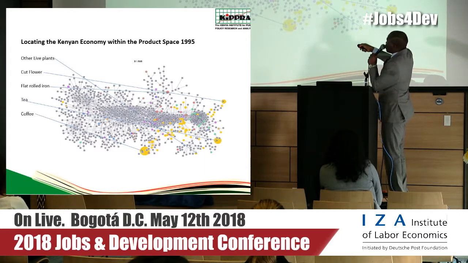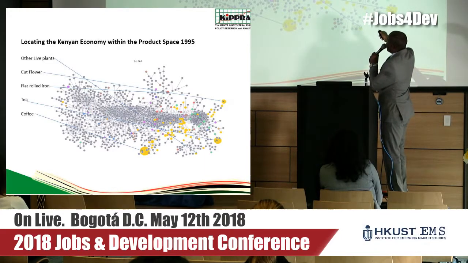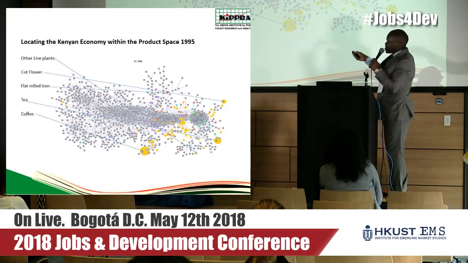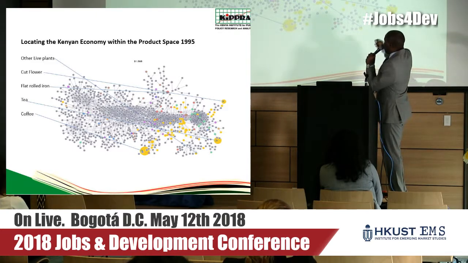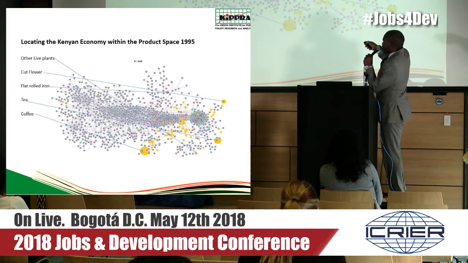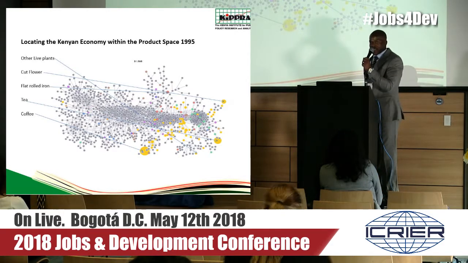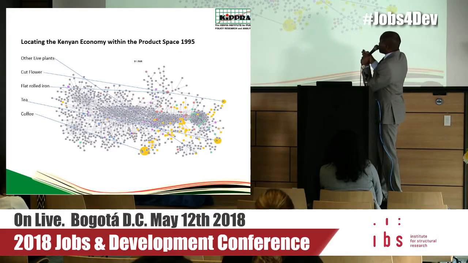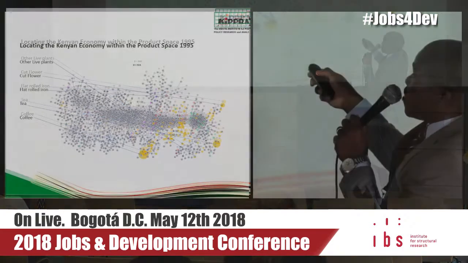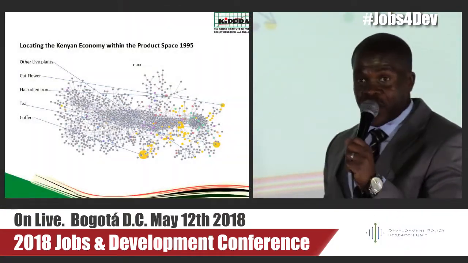We have flat rolled iron, the same case. So we have very few products within the core, that really suggests that our complexity is not so high. So this is 1995, and our total exports were $1.58 billion.